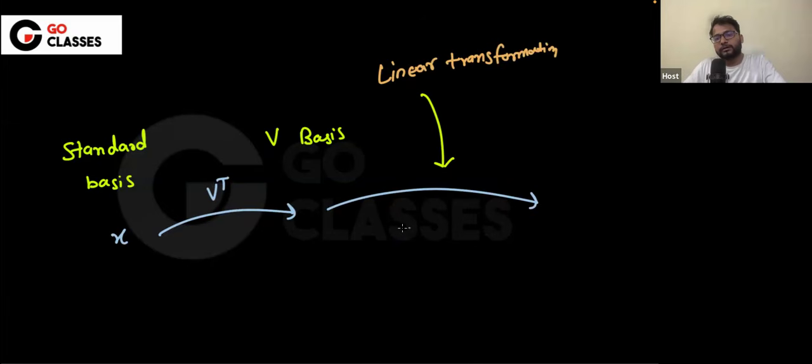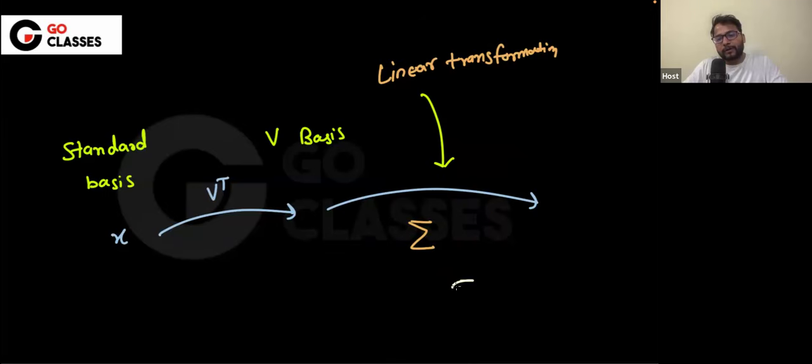And what is that? This is sigma. Sigma is the real shark in the house, or you can say sigma is the real bull. It is the main thing which is performing the job.